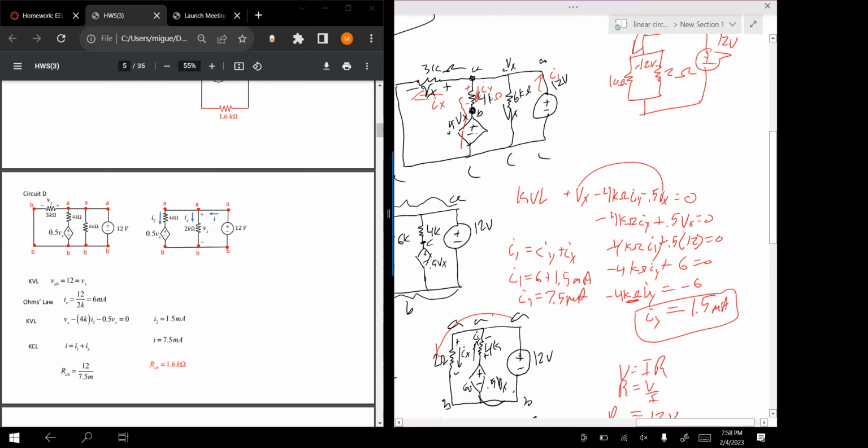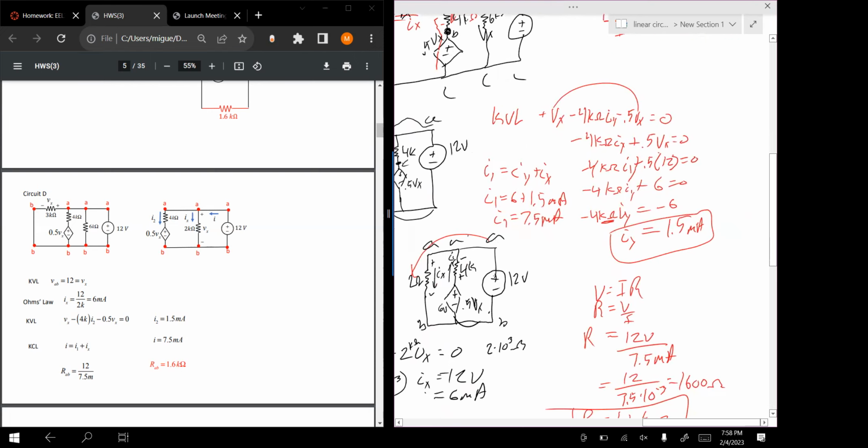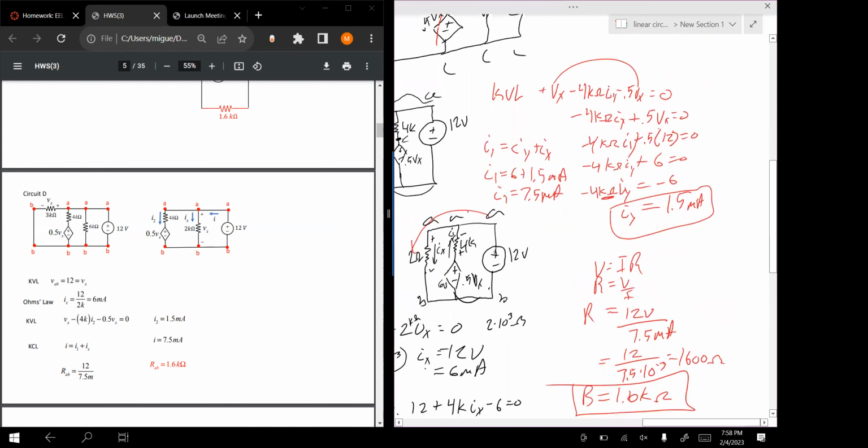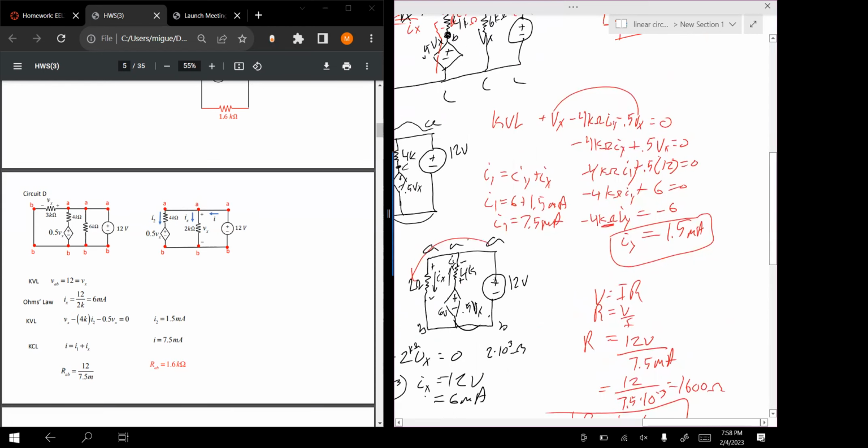Because what we wanted was the total current flowing through the whole thing. We know the total voltage is 12 volts. Now all we needed was the total amperage, so that we could divide those two and get the total resistance of the circuit. That's why.